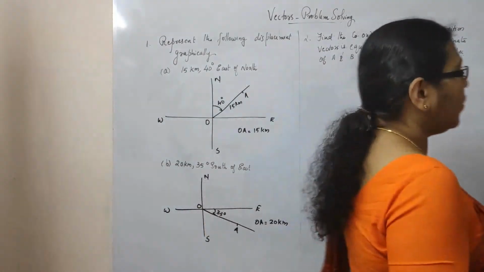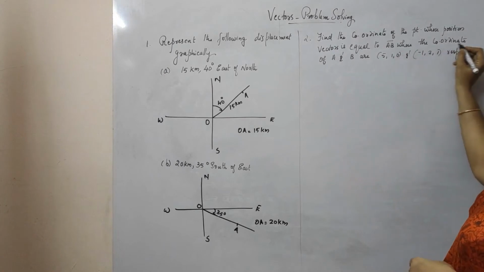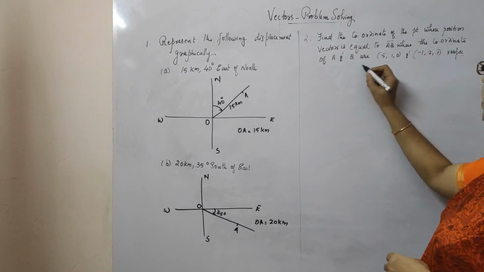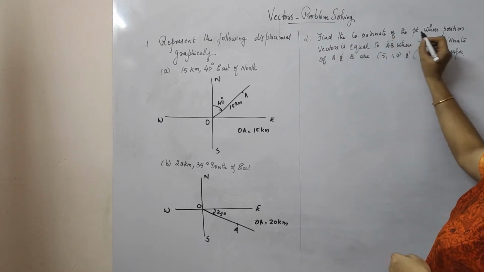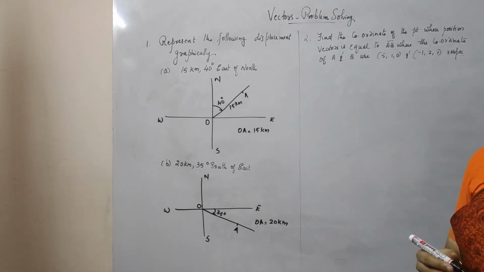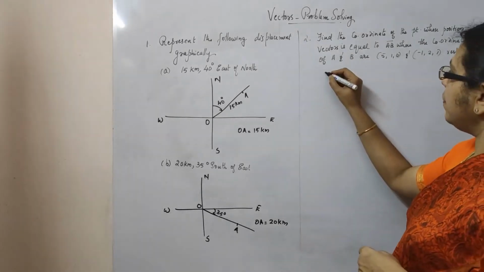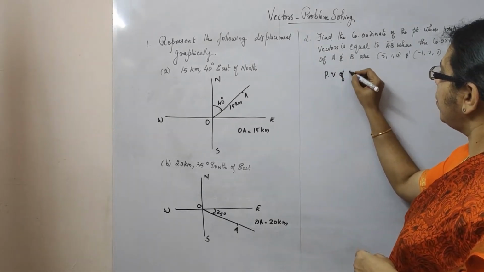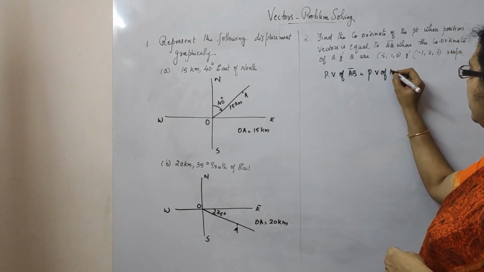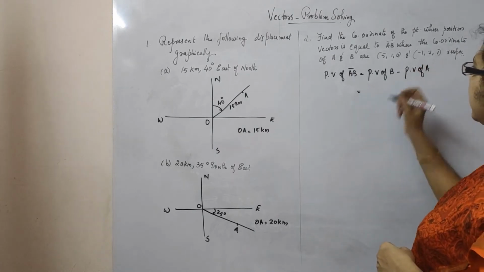So now see the next question. Find the coordinates of the point whose position vector is equal to vector AB, where the coordinates of A and B are these respectively. So the coordinates of A and B are given. You are asked to find the coordinates of the point whose position vector is equal to AB. Now here the position vector of vector AB is equal to what? Position vector of B minus position vector of A. Now what is the position vector of B?